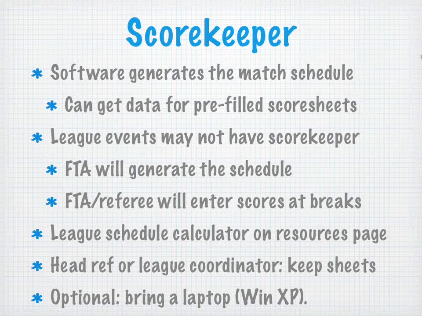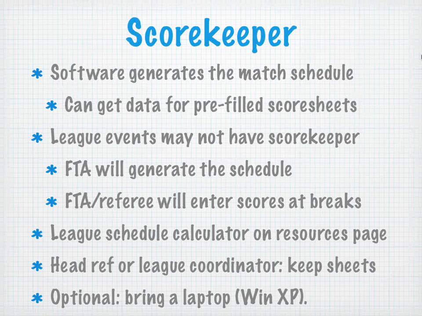So Kathy's built an Excel spreadsheet that's on the now famous resource page, where you just type in the number of teams and the starting time, and it will dump out the values that you need to enter into the scorekeeper software to generate a schedule with the times for the matches all being correct.